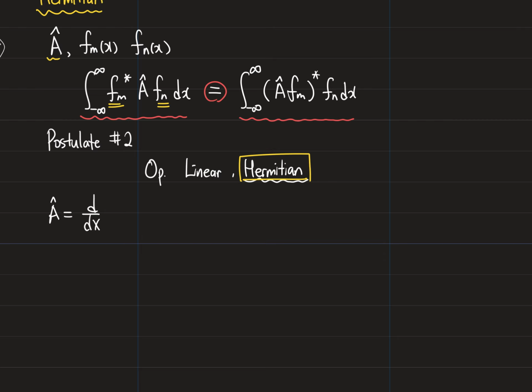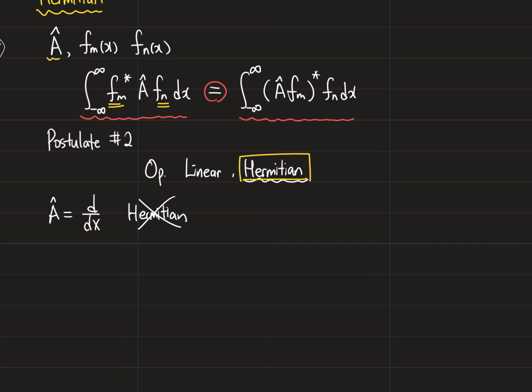If you test whether this operator is Hermitian, you will easily realize that it is not Hermitian. So this fails the test, and therefore it cannot represent any physical quantity.